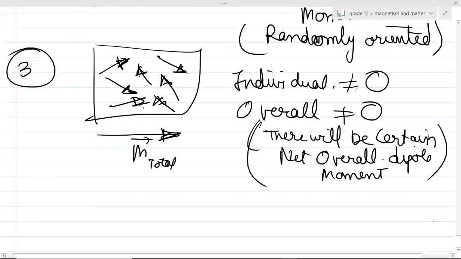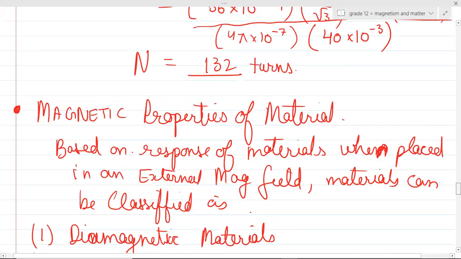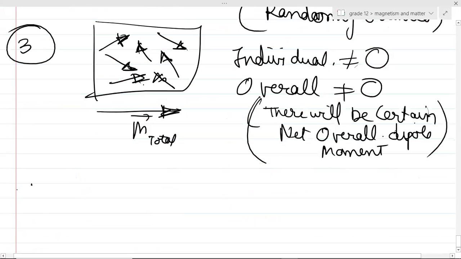Now let's start one by one with the various possibilities. We'll discuss diamagnetism and paramagnetism. So let's start with diamagnetism.